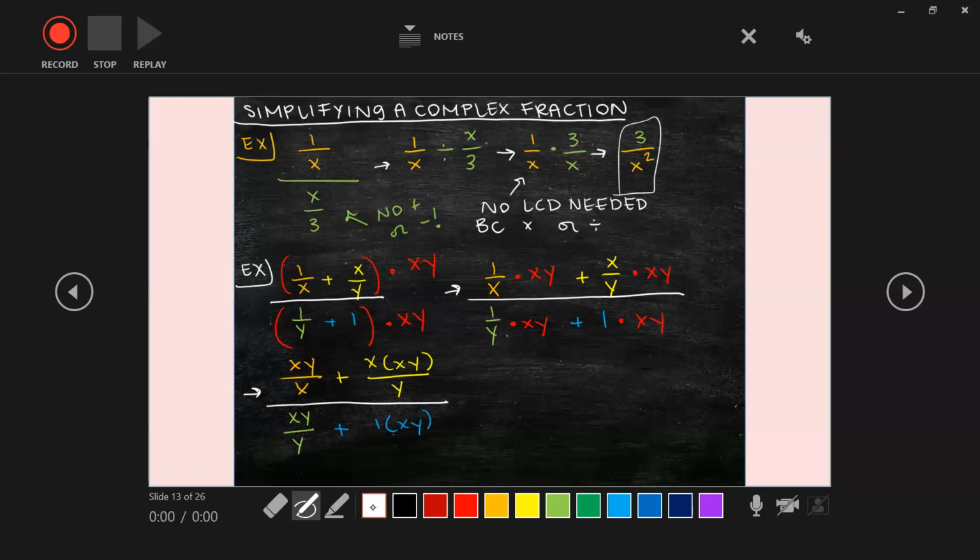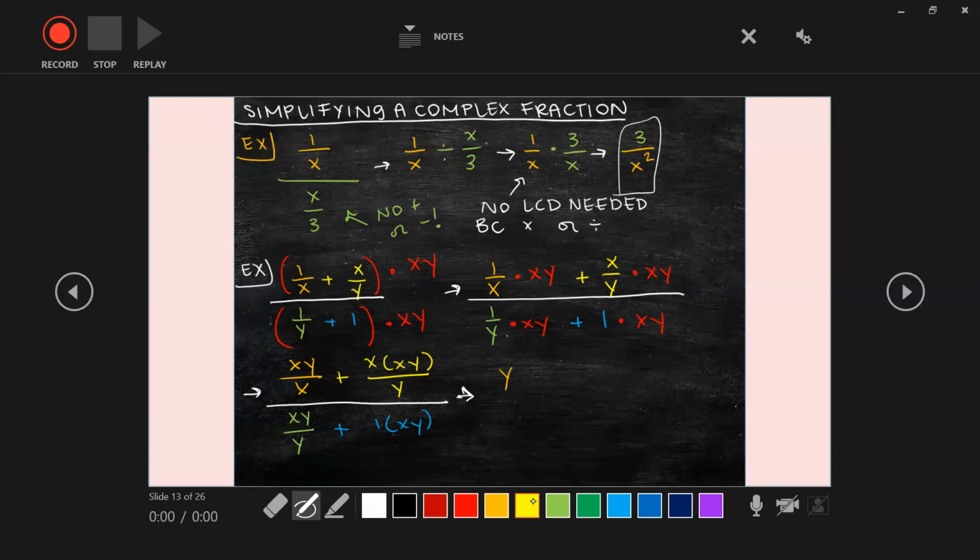So let's look at the orange first. Out of xy over x, is there anything that's the same in both the numerator and the denominator? x. So if I cancel an x out of the numerator and the denominator, what do I have left? y.